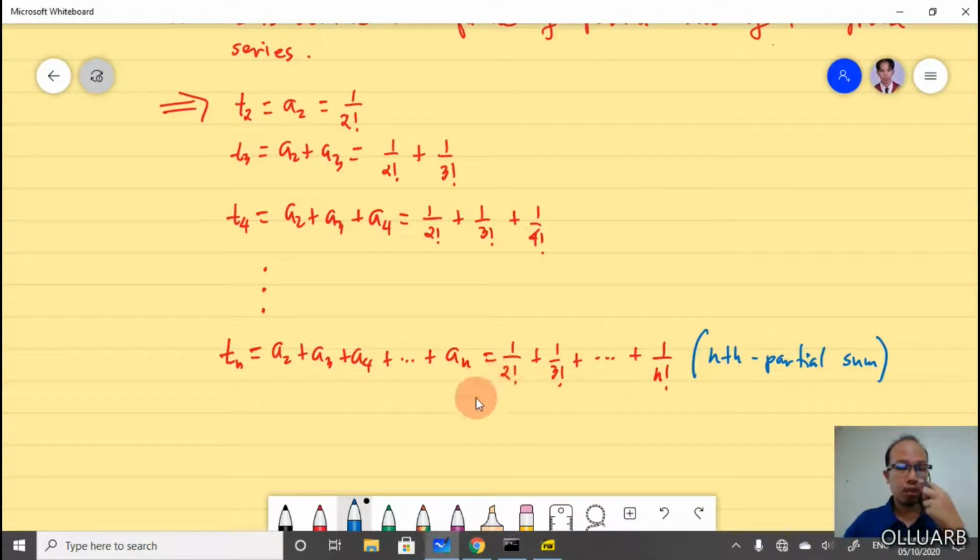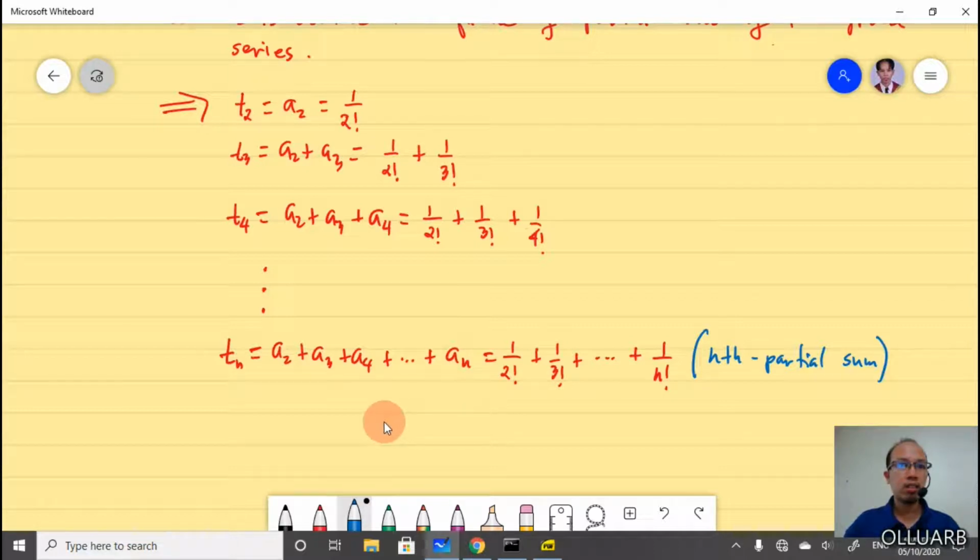So what we will do here is compare this sequence of partial sums to a known convergent series.